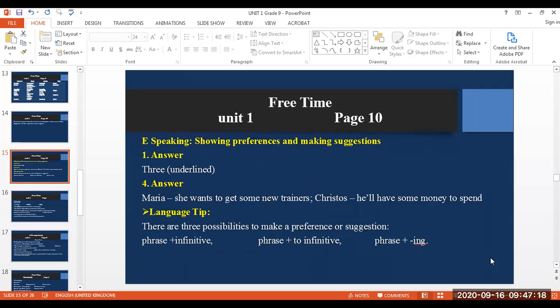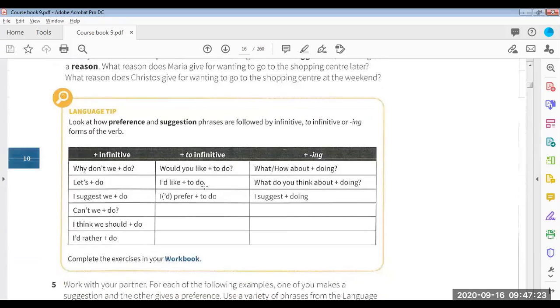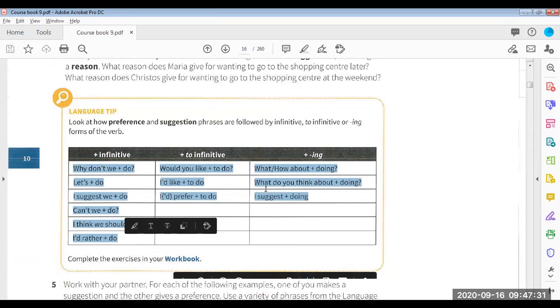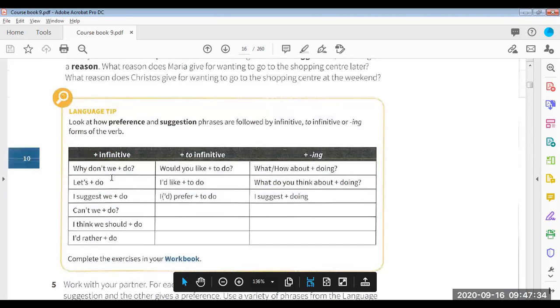Okay, so after this, I'm going to explain it with the help of this table. These are the example sentences, so no need to be worried about these sentences. Just focus on the structure, and the structure is the preference phrase.